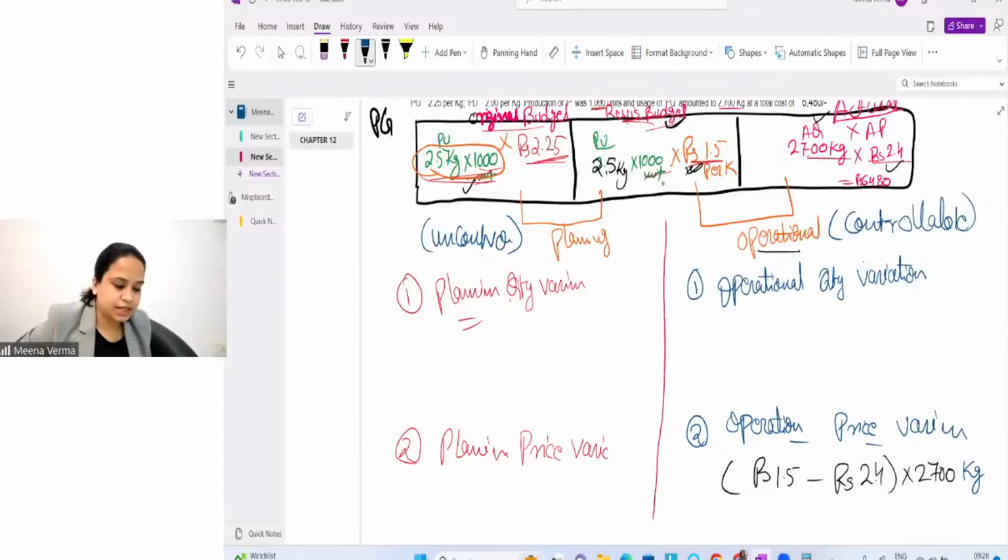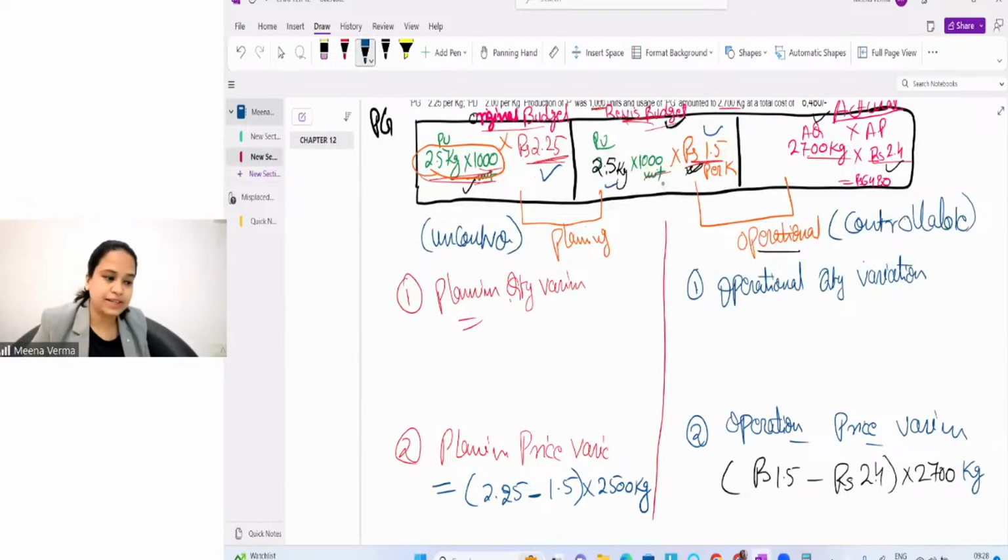Okay. Similarly, if you want to find out the planning price variation, you will see what the planning price variation was. What was the original price minus what was the revised budgeted price, into the actual quantity, revised budgeted quantity they are selling. Right?